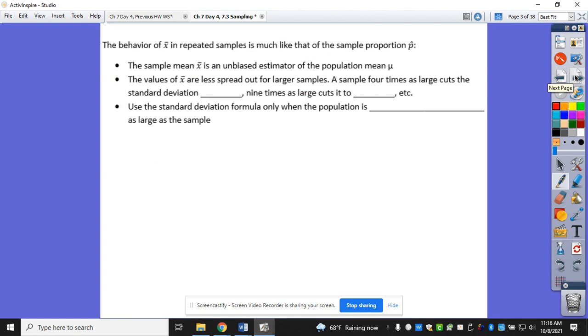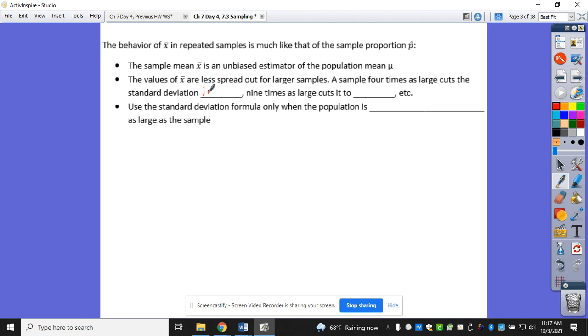Alright, so this whole section is talking about what we just talked about with the last slide of the other notes. So the exact same concept works here. The sample mean is an unbiased estimator of the population mean. The values of x bar are less spread out for larger samples. So a sample that is 4 times larger cuts the standard deviation what?